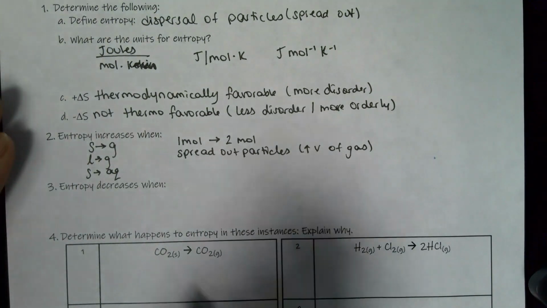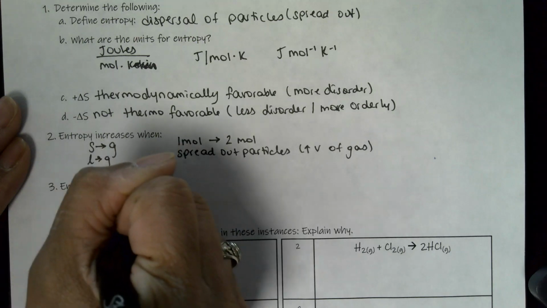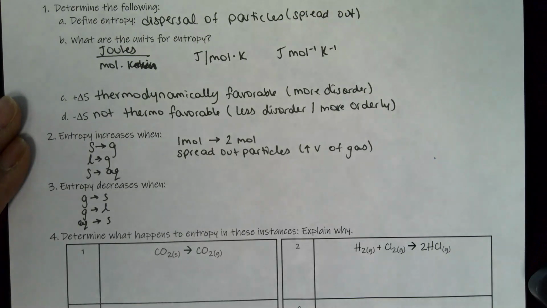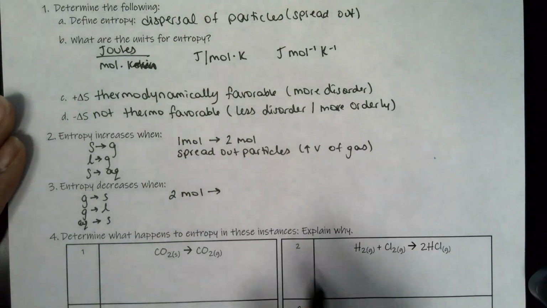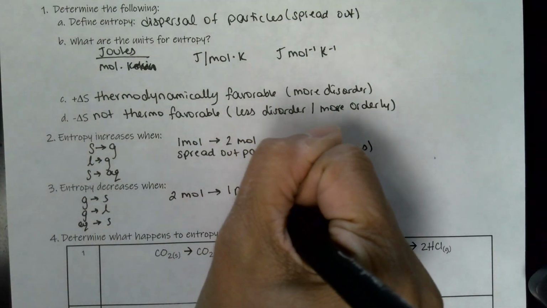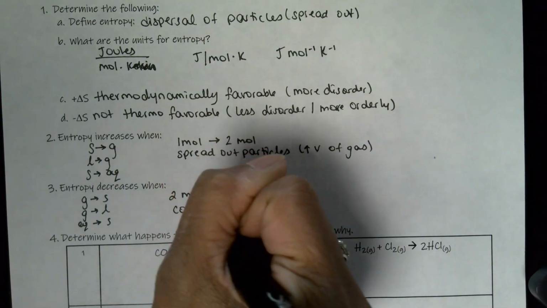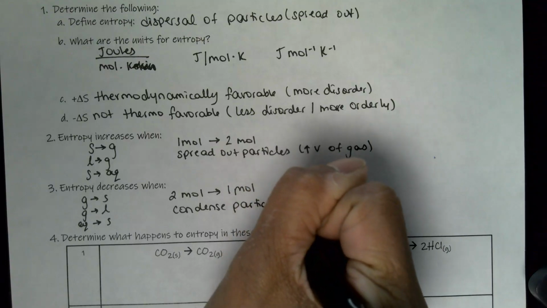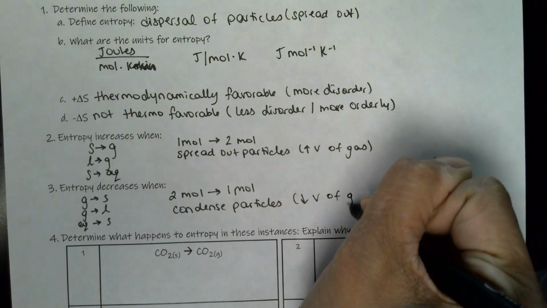Entropy decreases when you do the opposite, when you go from a gas to a solid, or a gas to a liquid, or an aqueous solution to a solid. If we condense our particles and have a synthesis reaction where we have 2 moles of something producing 1 mole of something, or if you condense particles, that might decrease the volume of a gas.